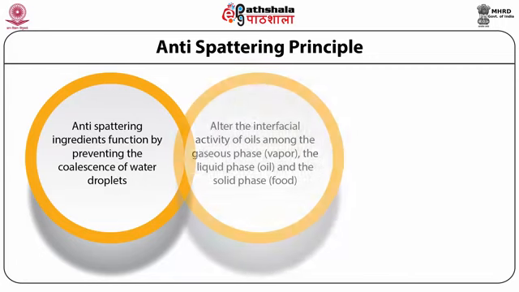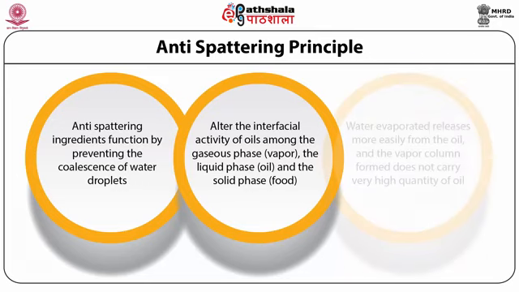Second effect may be that it alters the interfacial activity of oils among the gaseous phase, that is the vapor, the liquid phase, that is the oil, and the solid phase, that is the food, because this is the reason why spattering occurs. So it alters that interfacial activity. As a result, the spattering effect is reduced.